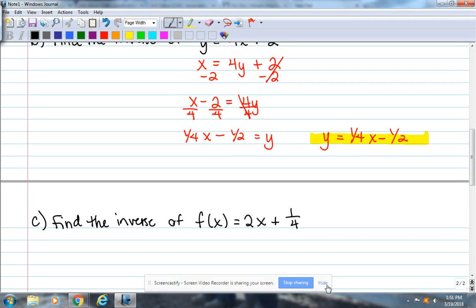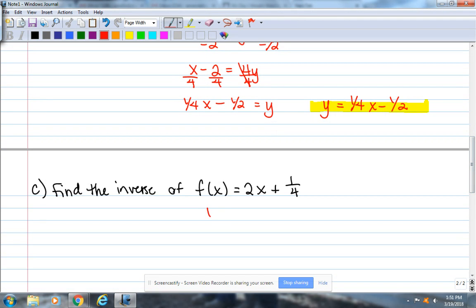F of x is the same thing as what, y'all? Y. It's the same thing as y. So if you see that f of x stuff and you want to rewrite it so you can do the inverse, like when you're doing your homework, if you want to just go ahead and write that as a y in there, that's fine.